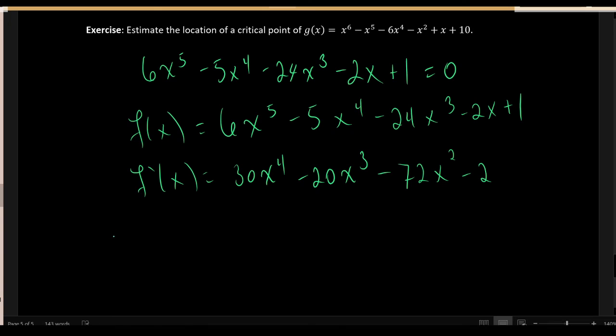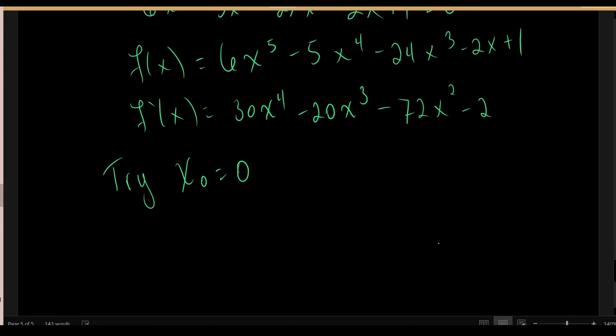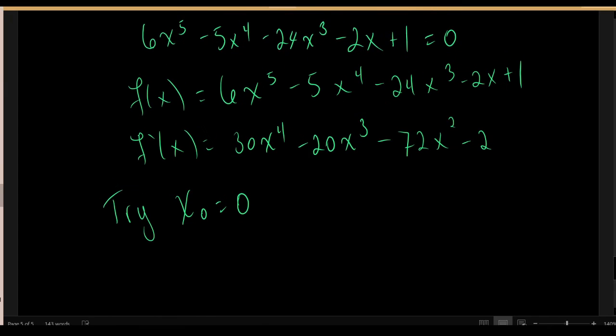Now in this case, using an x naught that's equal to 0 will be viable, because if I plug 0 into f prime, the result will be negative 2, so I won't be dividing by 0 at any point. So let's go ahead and stick this big mess into either our TI-84 or into Google Sheets or Excel, whatever you happen to be using.